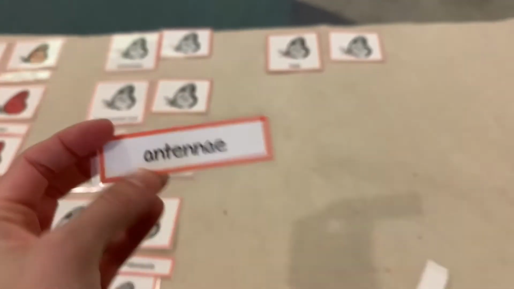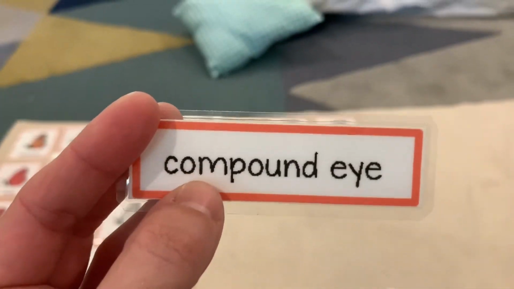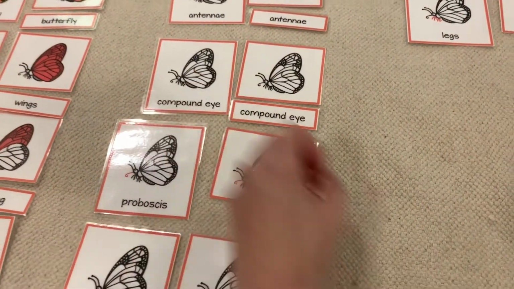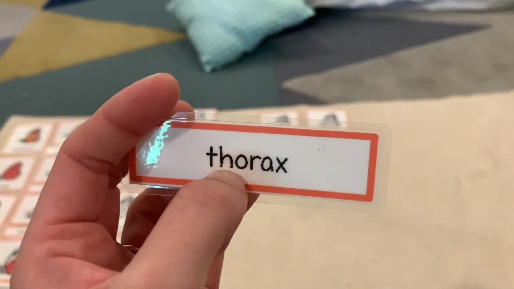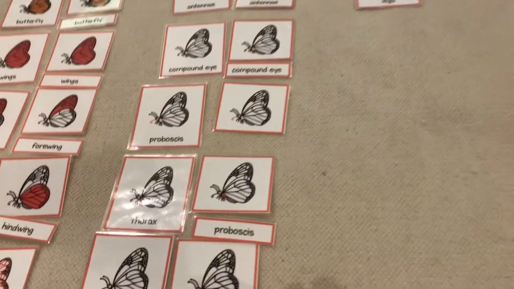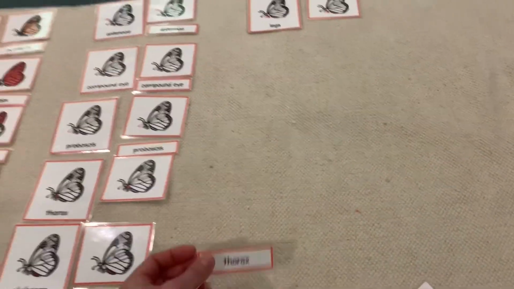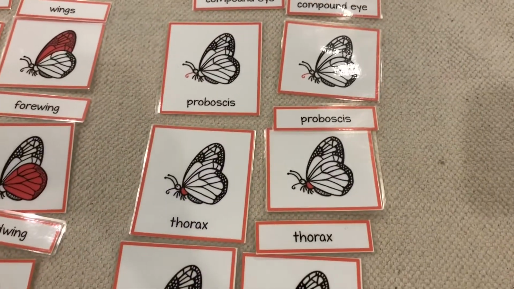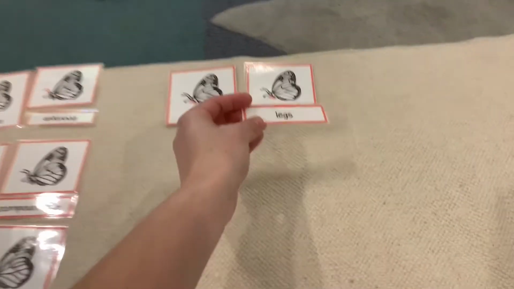Antennae. Compound eye. Thorax. Oh, I put this one on the wrong spot. That's okay. We all make mistakes. Thorax. Here we go. Legs.